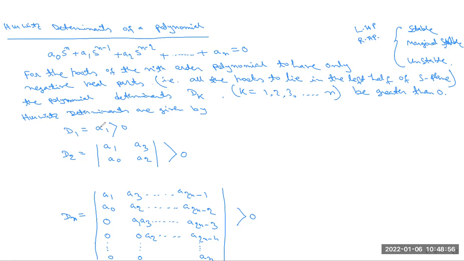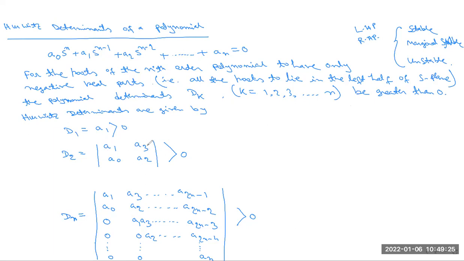First D1, this is a1 greater than 0. Then D2 is another calculation. Here you can see D2: a1 and next this term a3, and next one a0 and a2. So a1, a3 are the odd positions, and a0, a2 dot dot are the even positions.